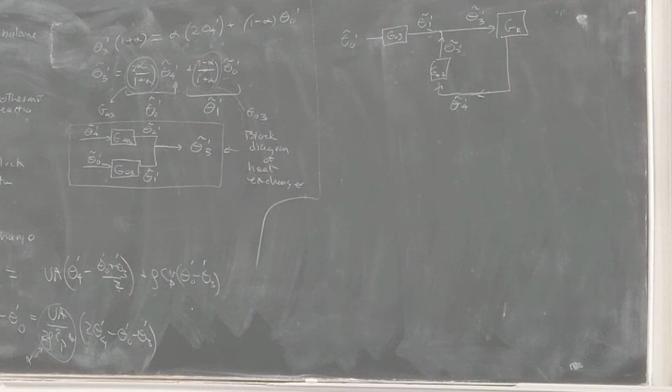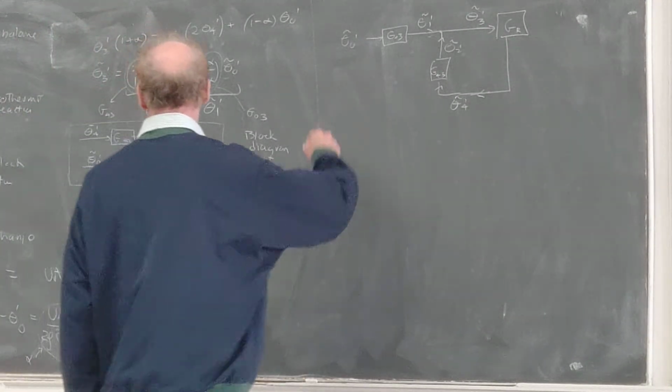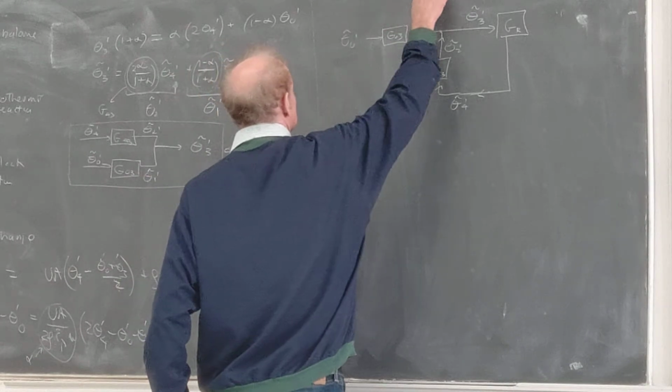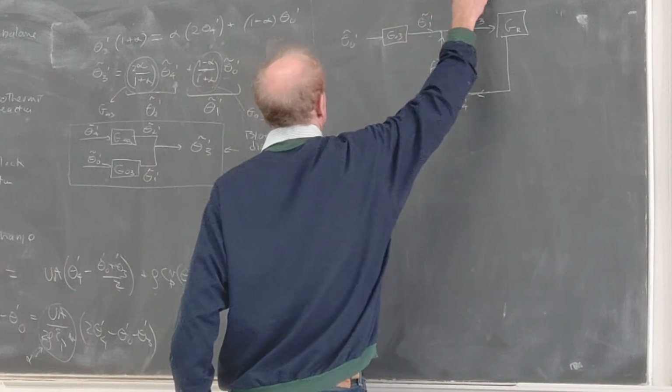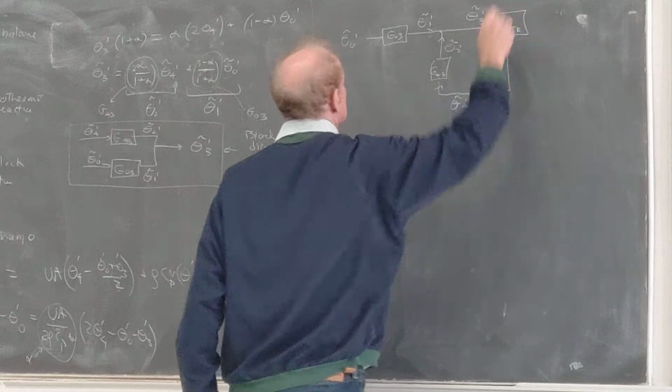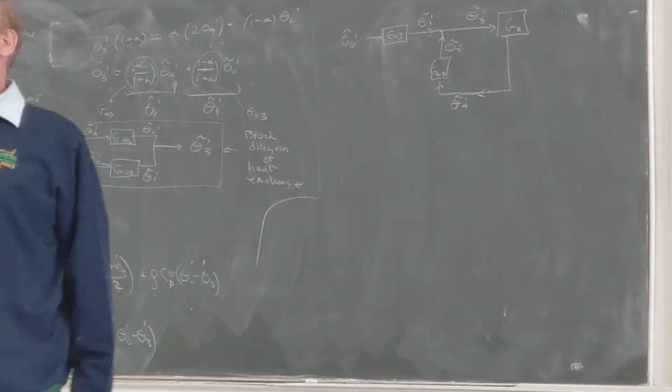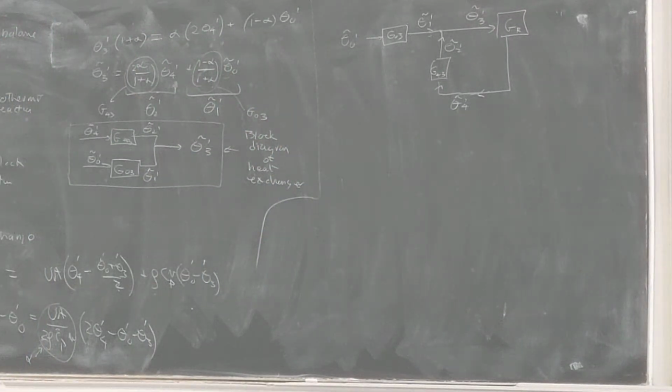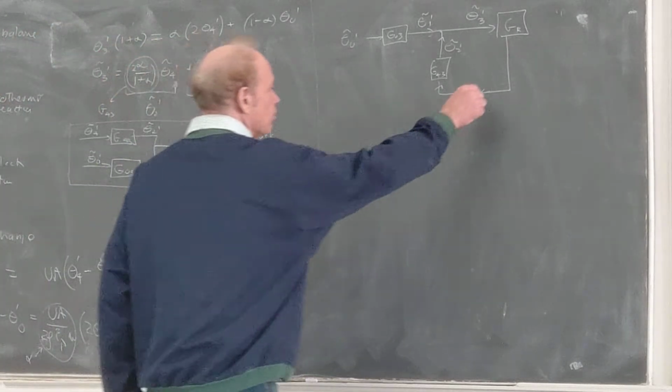And there I have the diagram for the entire system. Now remember, my goal is to find theta 4 prime tilde over theta 0 prime tilde. So I'm going to start from here.